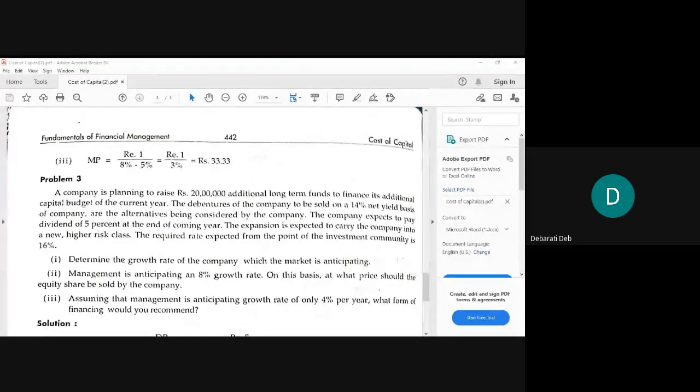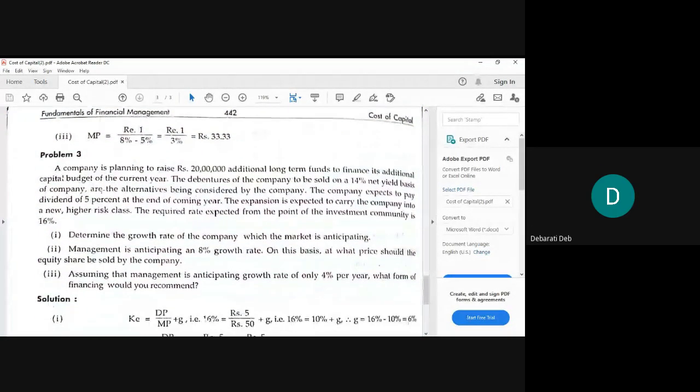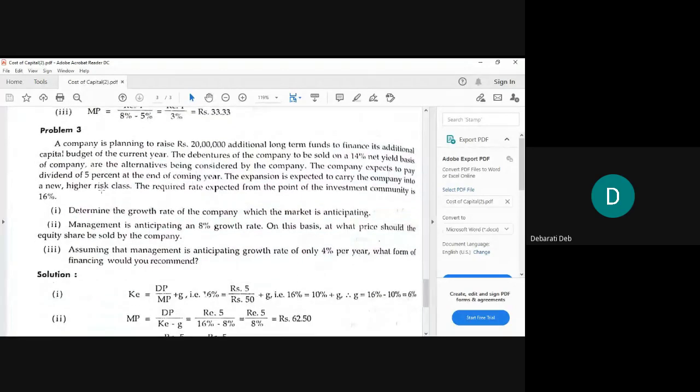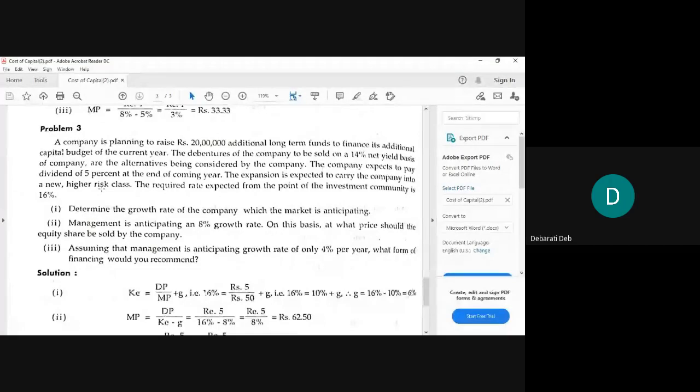All right, so let us do the next sum. In problem number 3, it is mentioned that a company is planning to raise rupees 20 lakh of additional long-term funds to finance its additional capital budget of the current year.